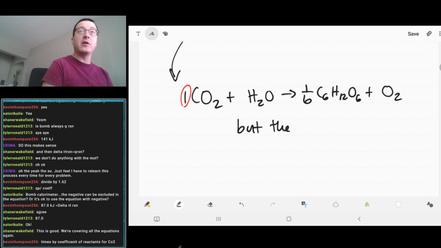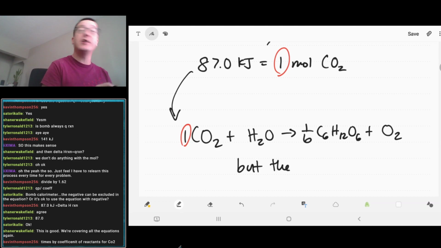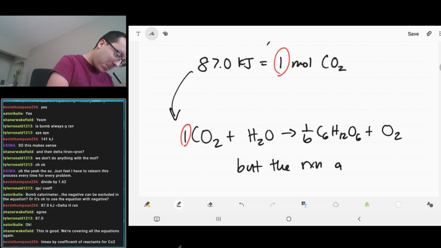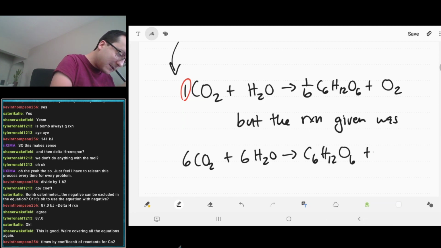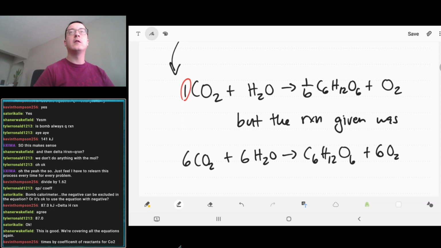This would be totally okay. If this were your reaction, you could use this and you'd be done. But the reaction given was 6 CO2 plus 6 waters turns into glucose plus O2.